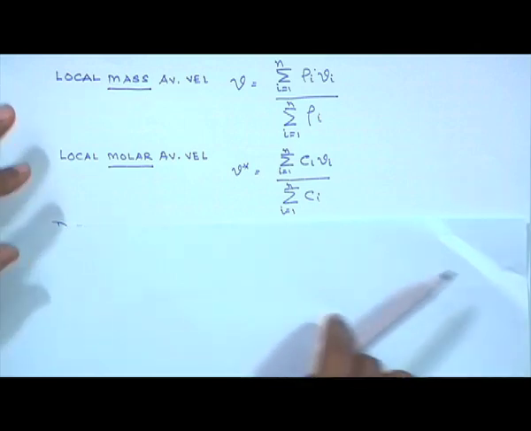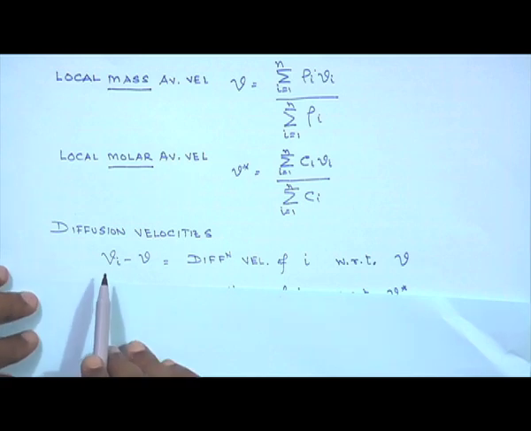Now whenever a component moves in a solution, you can either fix the coordinate systems and keep them stationary. The two definitions of mass average velocity and molar average velocity that I have shown you before are with respect to stationary axes. Let's say I have a portion of a solution in which there is a diffusing species A, and this entire portion has some mass average velocity with which it is moving in this direction.